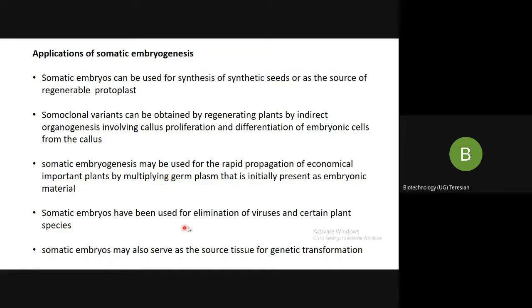Somatic embryos have been used for the elimination of viruses in certain plant species. This is also an important point, because you see, for example, banana. I told you the banana cultivation has increased many folds in our country, not because of somatic embryogenesis or anything else.